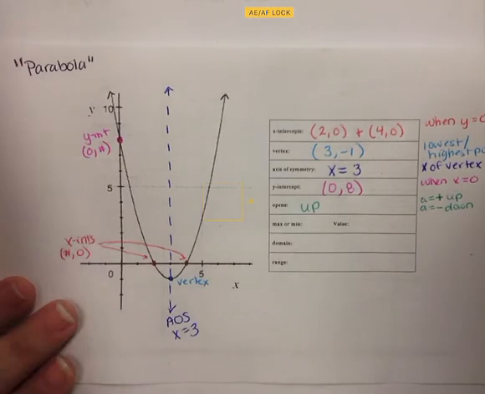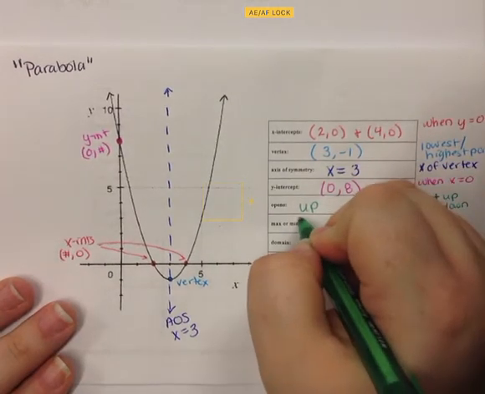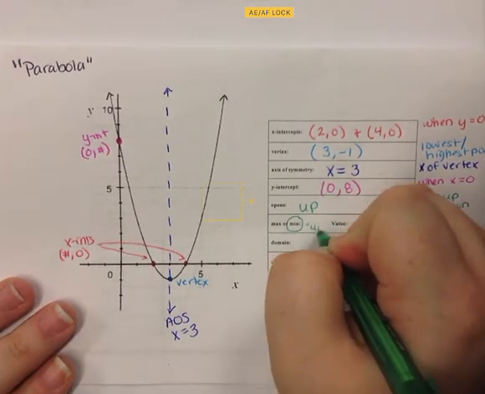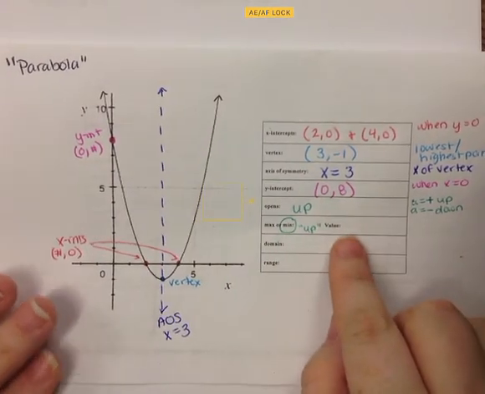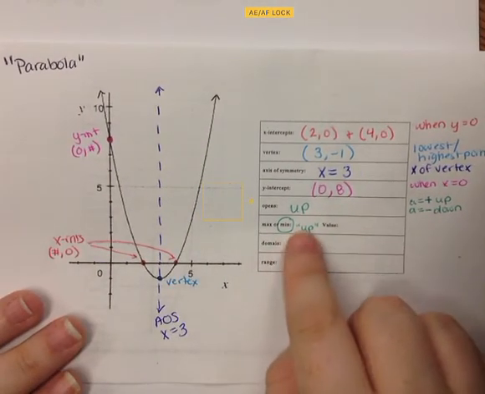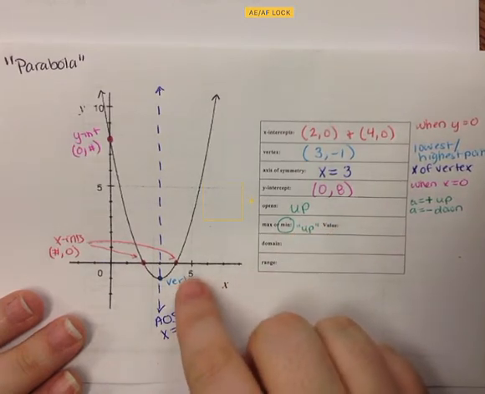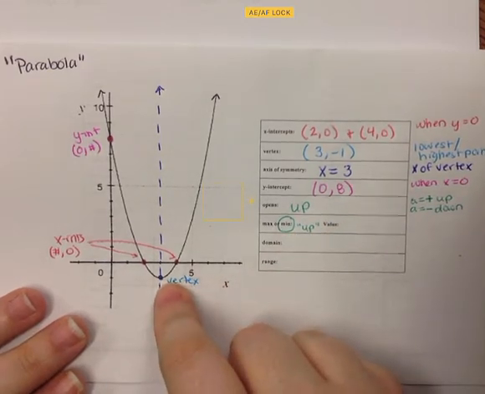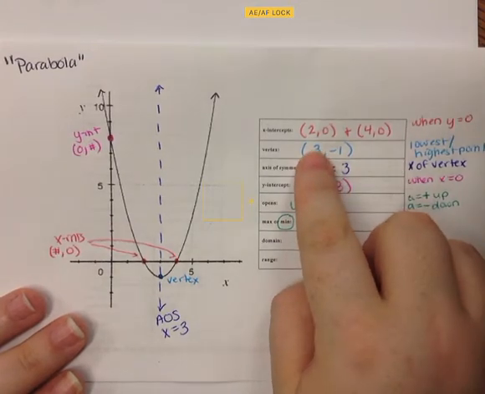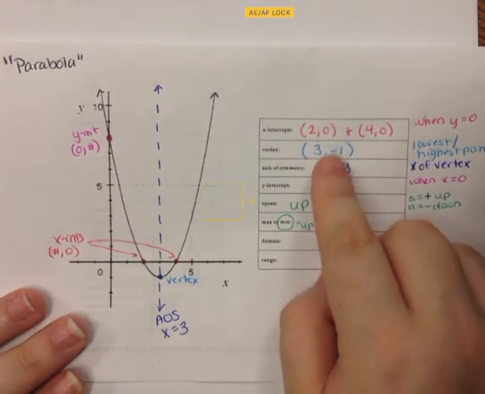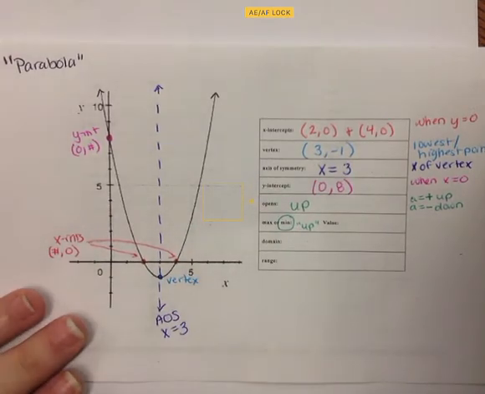Since this is opening up, we will say that this is a minimum. The value of your minimum or maximum comes from your vertex, because that, again, is how we know if it's a minimum or a maximum. The axis of symmetry came from the x of our vertex, so the value comes from the y of our vertex.